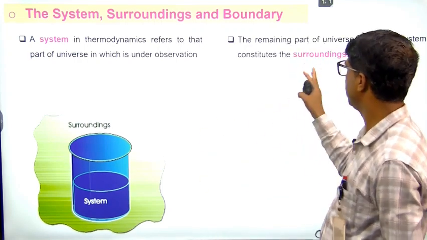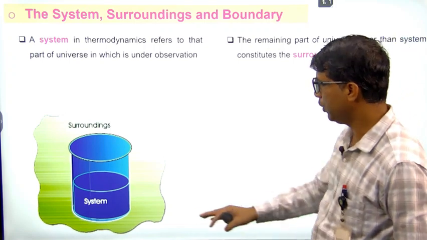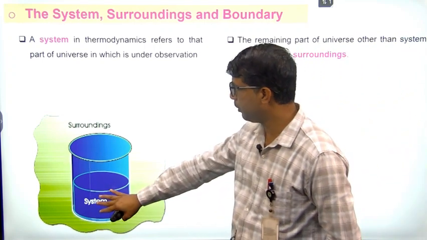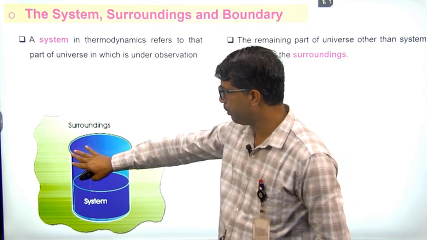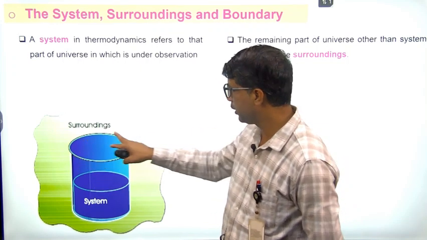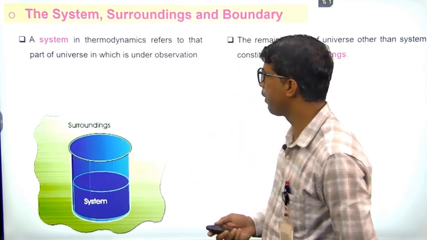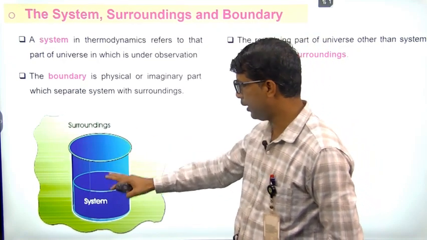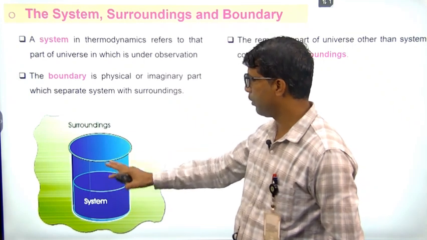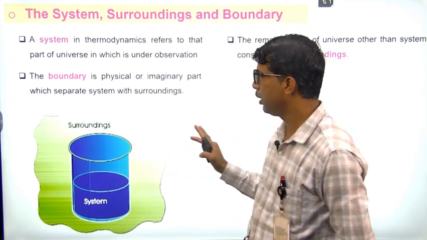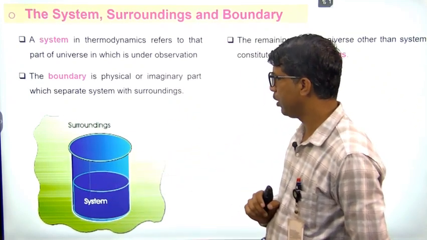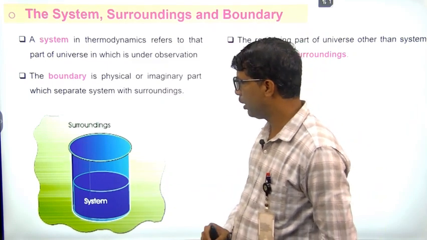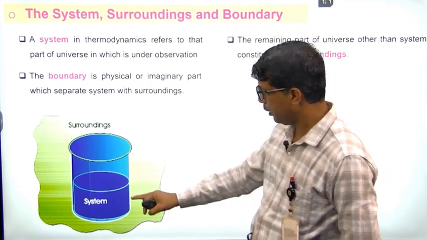This is called a surrounding. So the water is known as the system, and the beaker is called the surrounding, and the rest of the part, other than surrounding and system, is called space or universe.